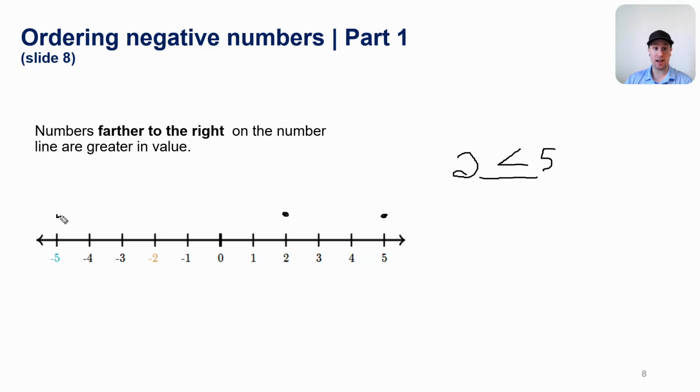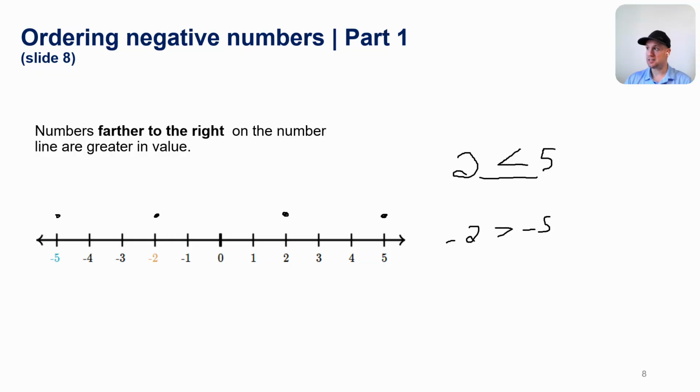So for example, if I had -5 and -2 here, which one is bigger here? Well, -2 is farther on the number line to the right, which means it's bigger in value. So we would actually say -2 is greater than -5 here.